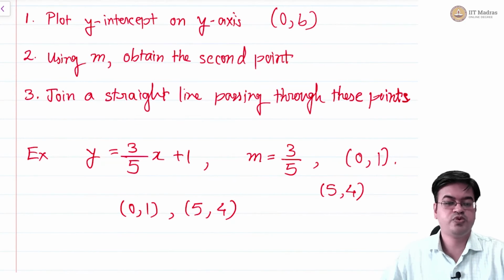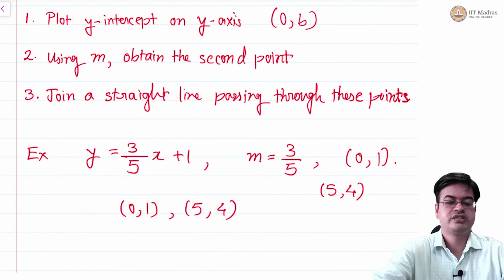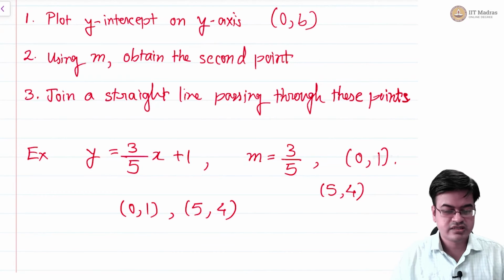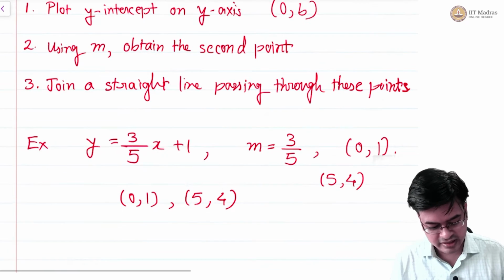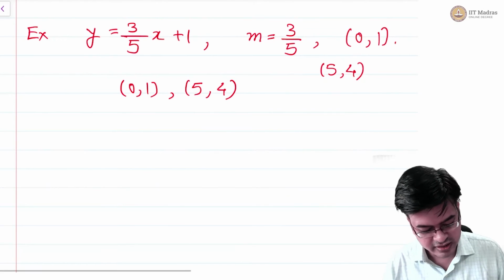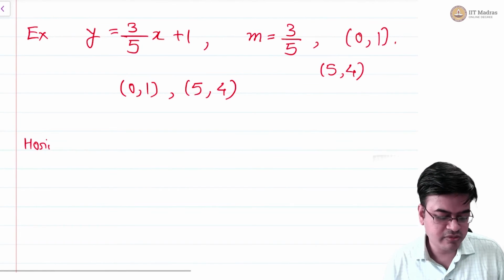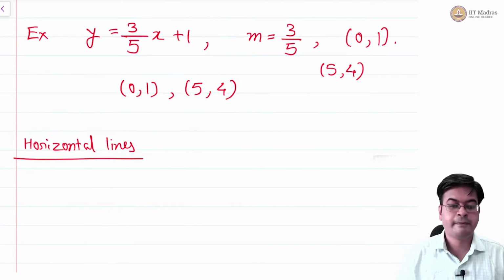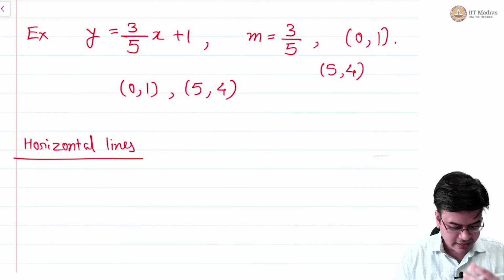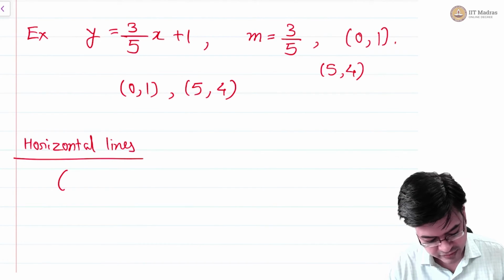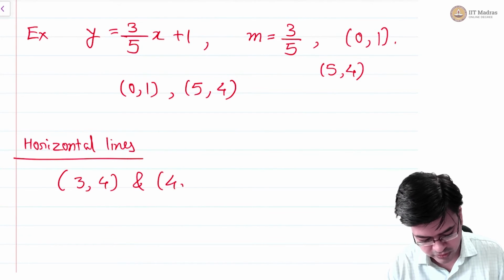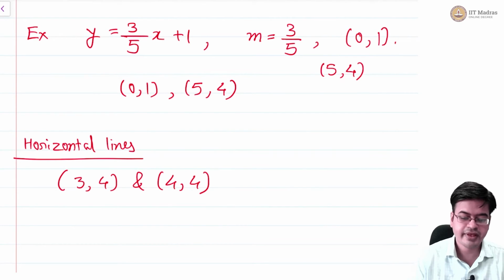Okay, let us move on to lines which are not actually covered in this particular segment. Prior to that, let us look at horizontal lines. So we are always talking about non-vertical lines, right? So horizontal lines are typically covered in this particular segment. So what are horizontal lines? Let us say you have a line which passes through (3, 4) and (4, 4).